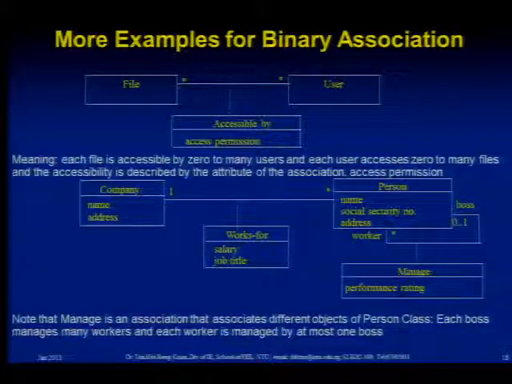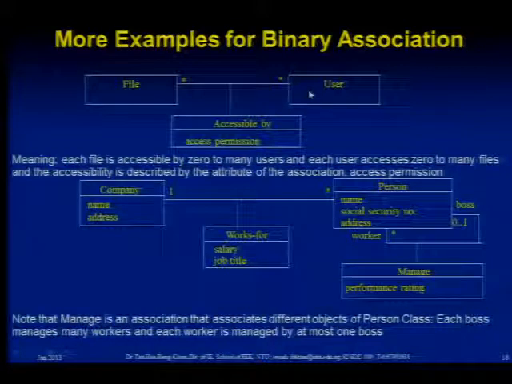So in this case, the name of this particular association is "accessible by", and we define one attribute for this association. This is to model the accessibility of files by users. The multiplicity 0 to many here refers to other classes, only one other class here.